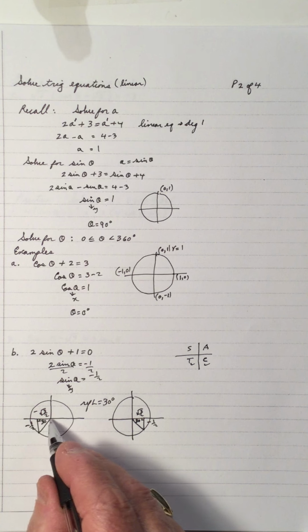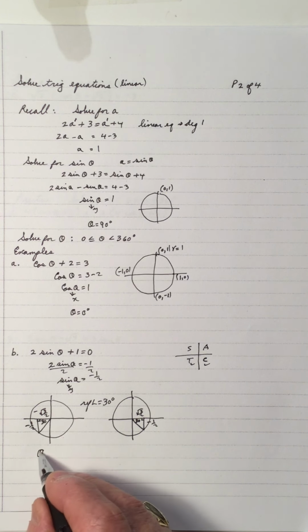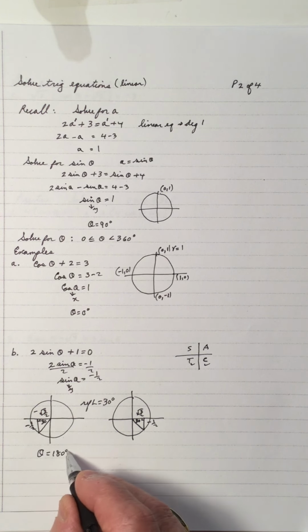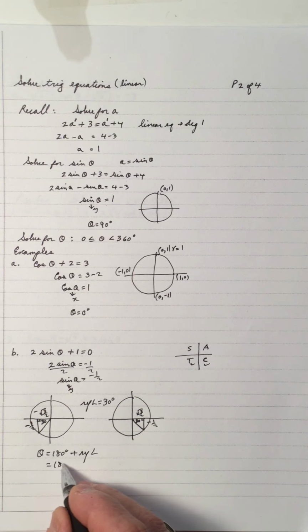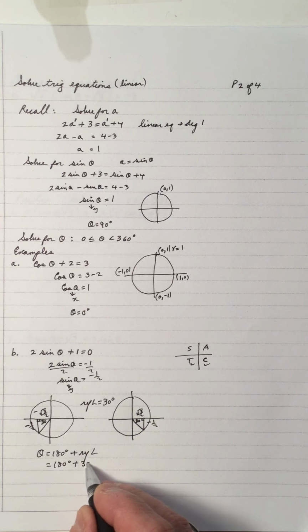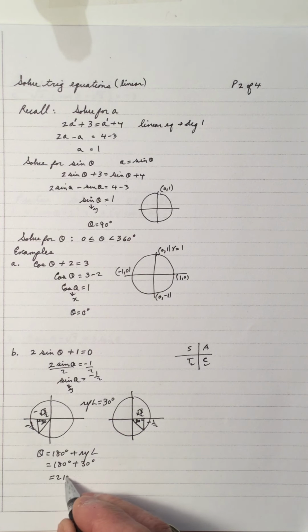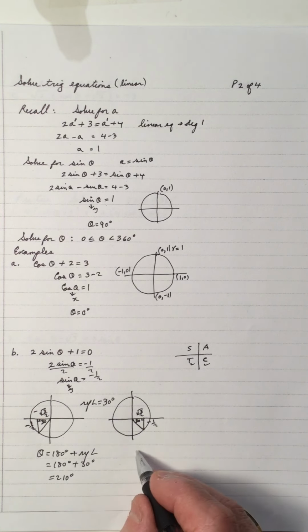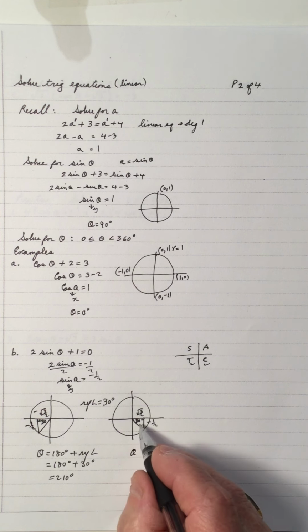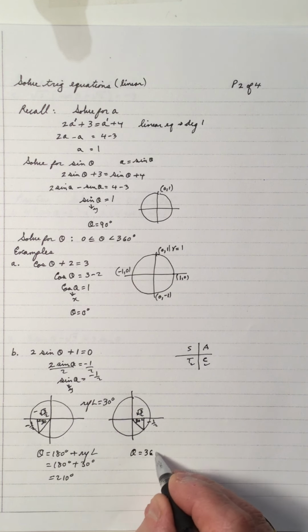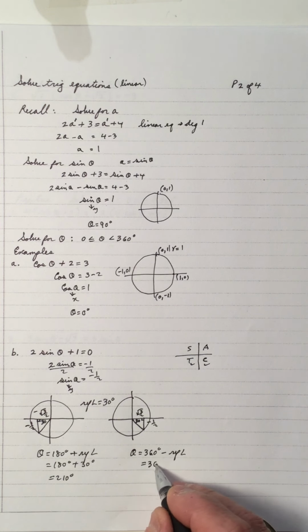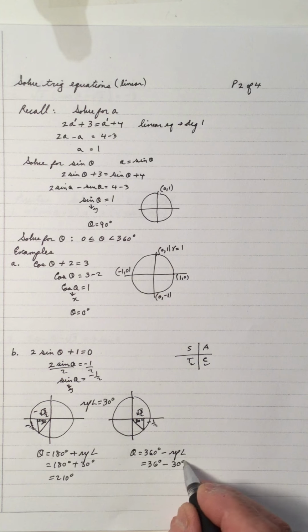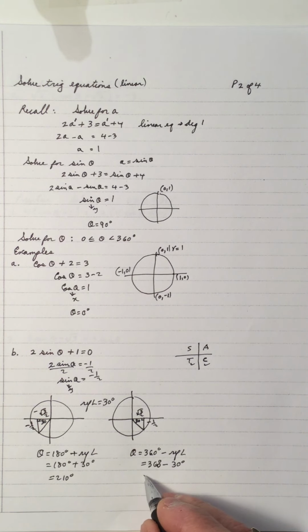In the third quadrant, theta is 180 plus the reference angle, so it's 180 plus 30, so theta is 210 degrees. And in the fourth quadrant, it's 360 minus the reference angle, so 360 minus 30, which is 330 degrees.